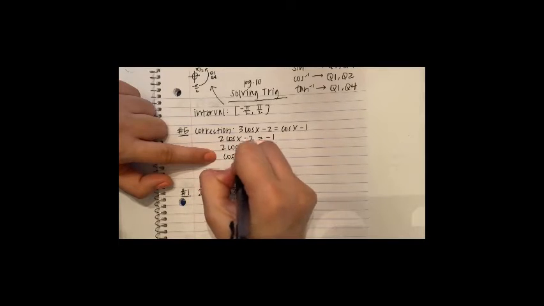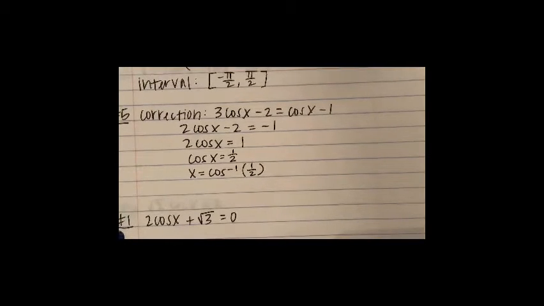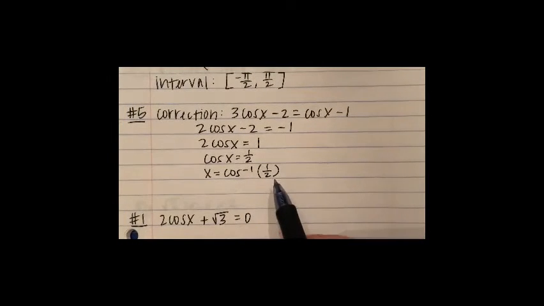Divide by 2. So now the last thing I need to get rid of is cosine. When you bring cosine to the other side, any trig function, that's when you get the inverse. So in order to solve for x here, I need to solve for the cosine inverse of 1/2.